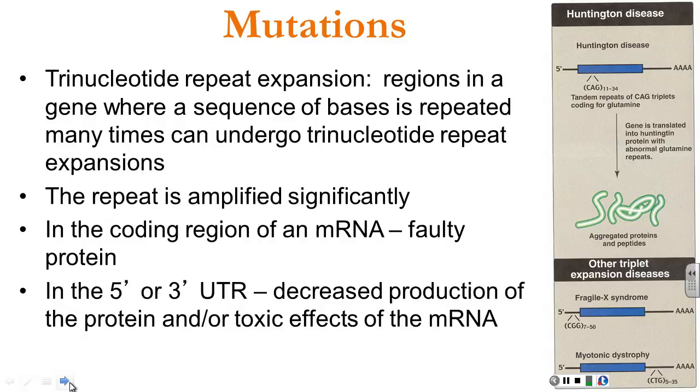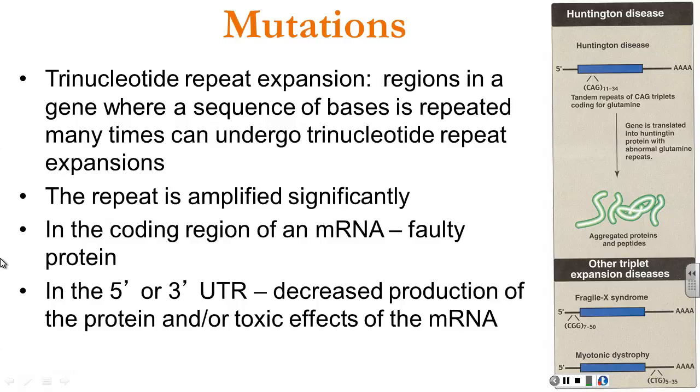Another type of mutation you may see is a trinucleotide repeat expansion. Probably one of my favorite ones to talk about because these are so bizarre. When you think about how genetics works and how mutations work, this is not something that immediately jumps to mind.